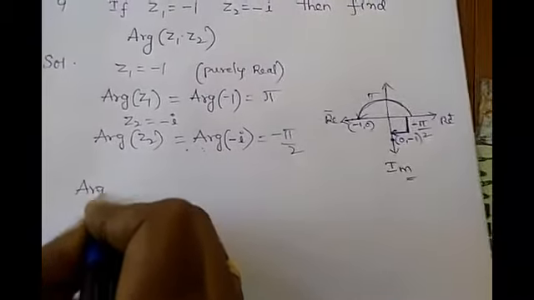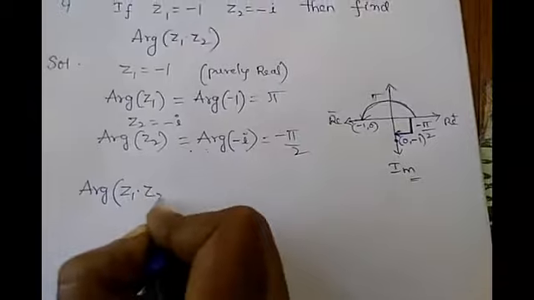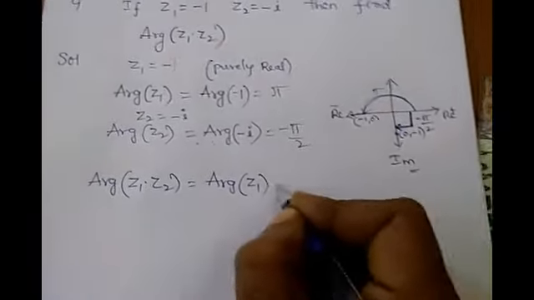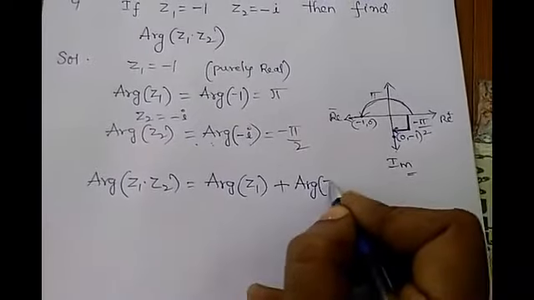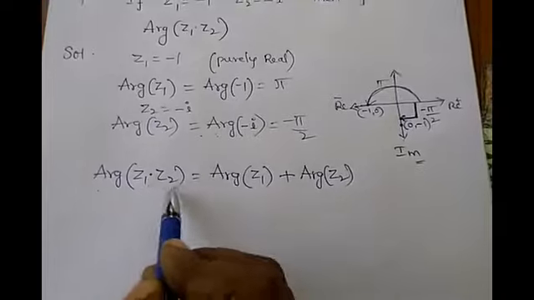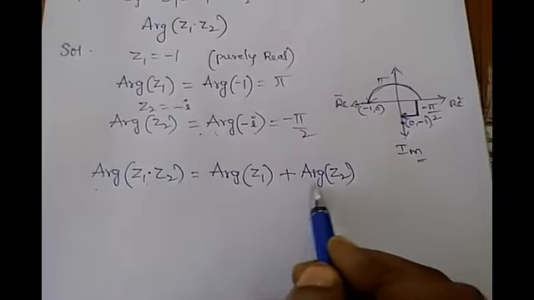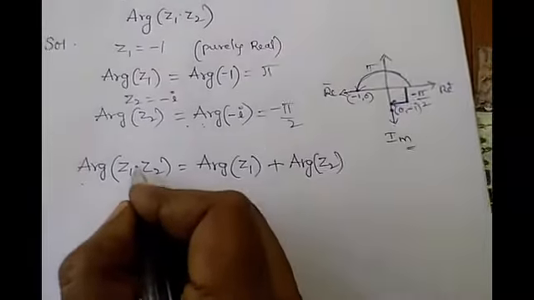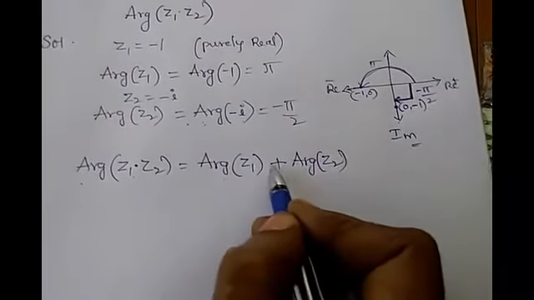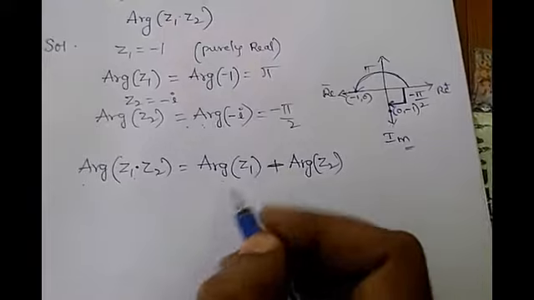Now argument of Z1 into Z2 equal to argument of Z1 plus argument of Z2. Remember the formula. If it is a product of two complex numbers, then the arguments should be added.